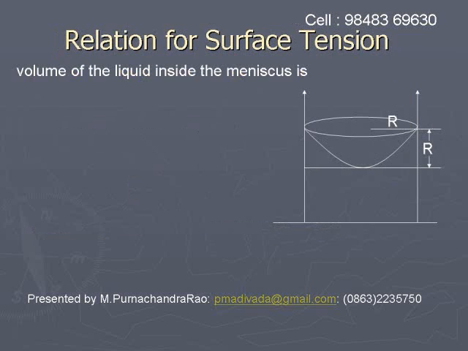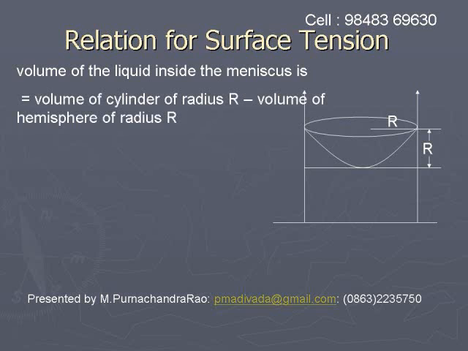If we consider the liquid inside the meniscus, we can calculate the weight of the liquid column like this. Volume of the liquid inside the meniscus is equal to the volume of a cylinder of radius r and height r minus the volume of a hemisphere of radius r.